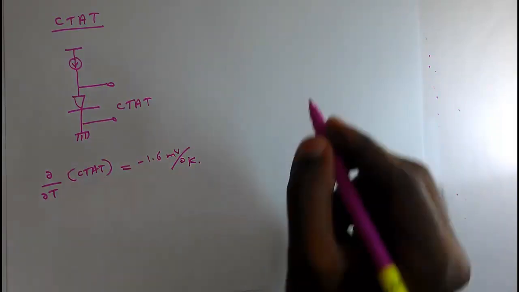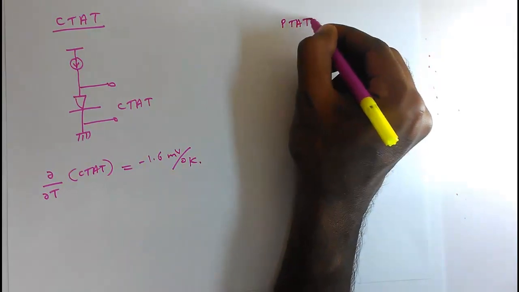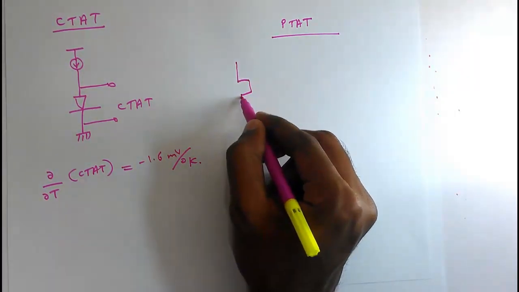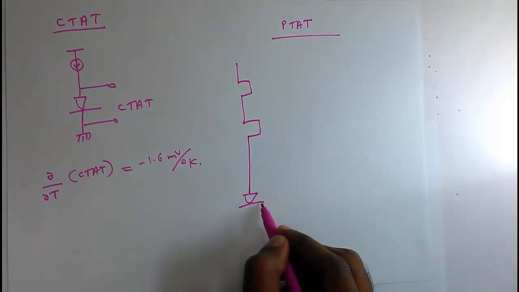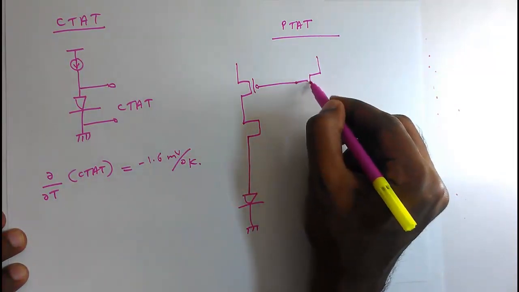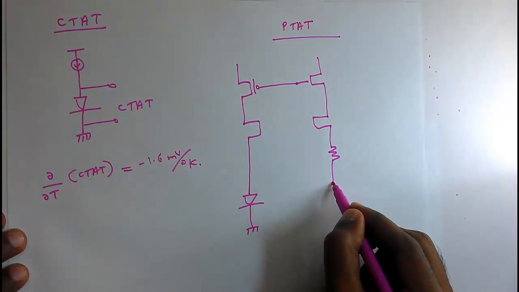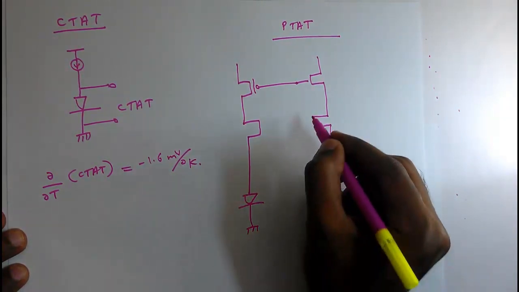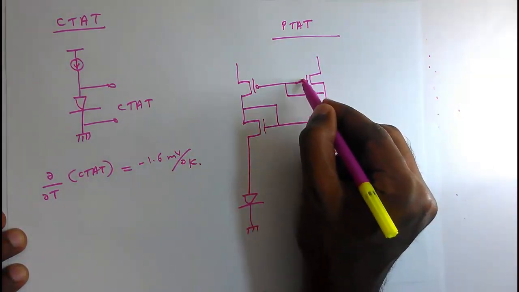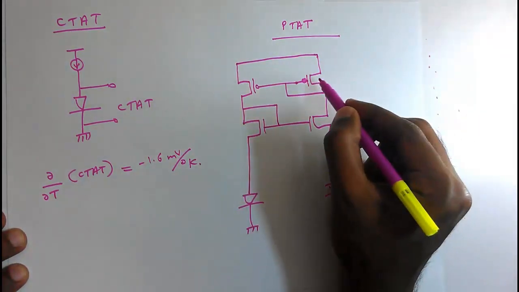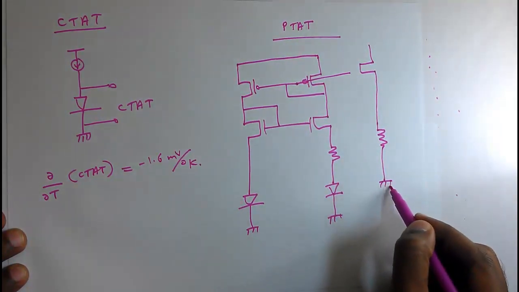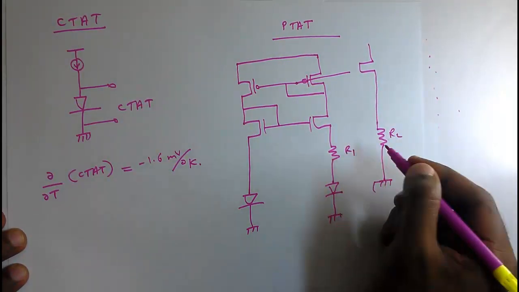And then we discussed PTAT also, and we derived the PTAT with this type of circuit. R2 is R1.